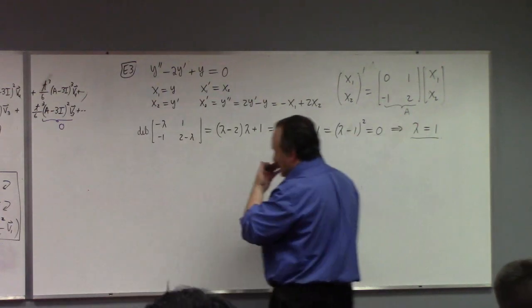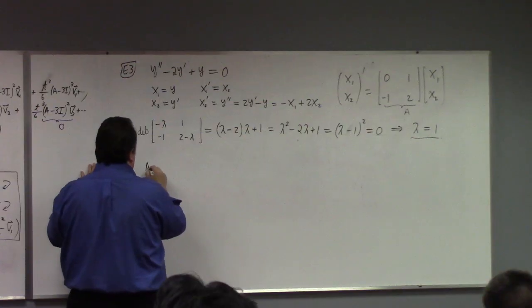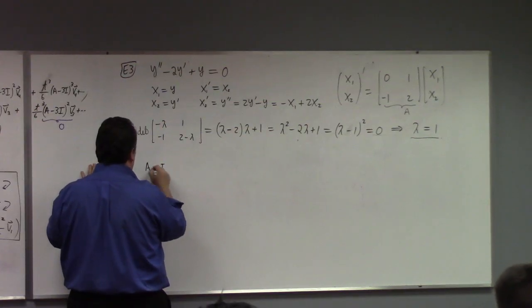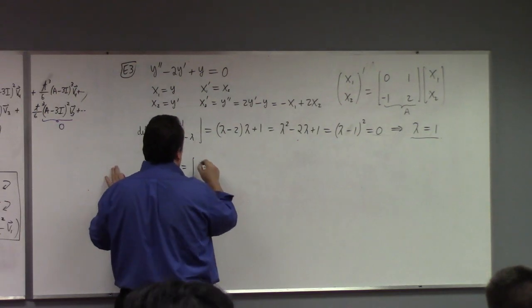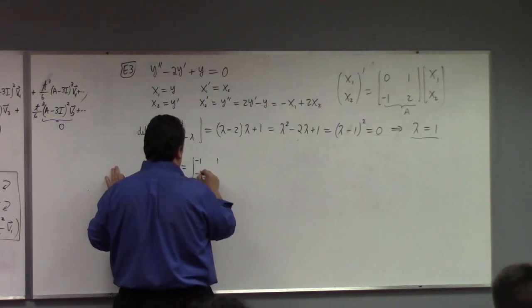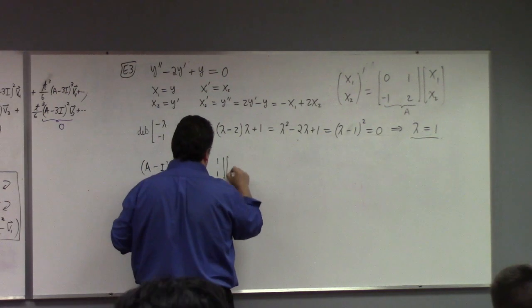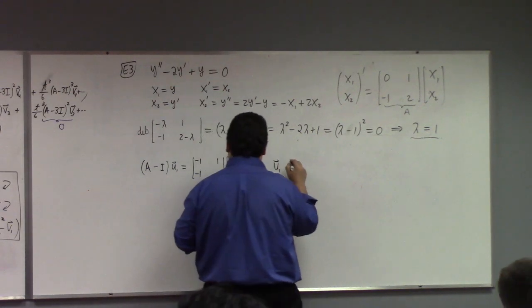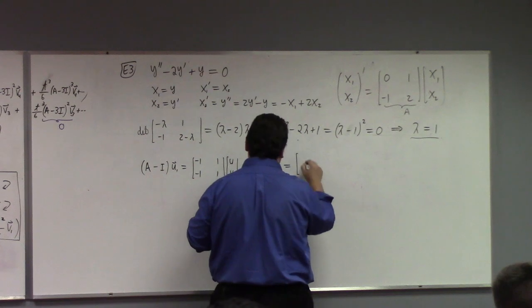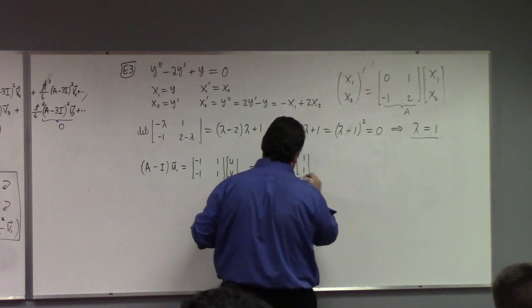All right, so A minus I times u1 is minus 1, 1, minus 1, 1 times (u, v). So I see pretty quickly that I can just make u1 equal to (1, 1). There's my eigenvector.